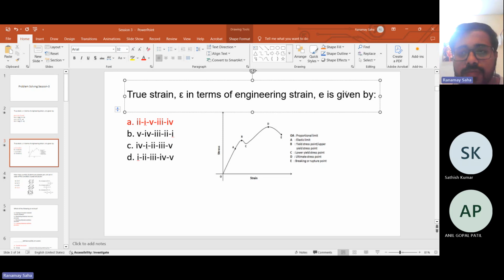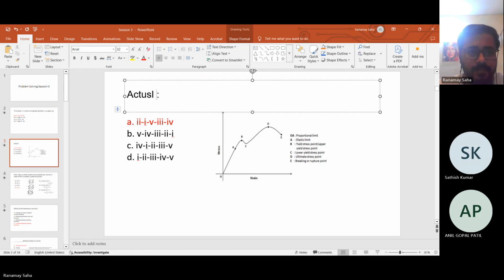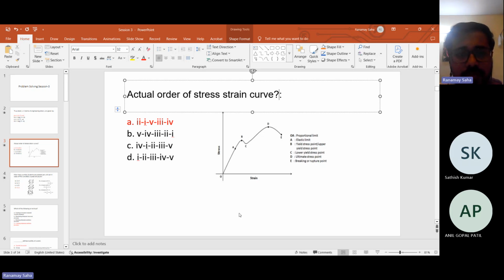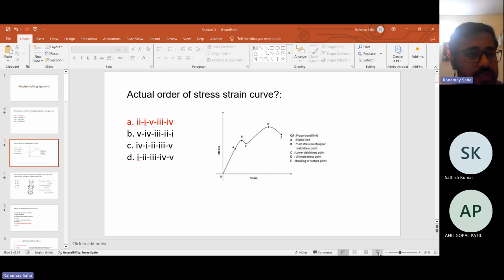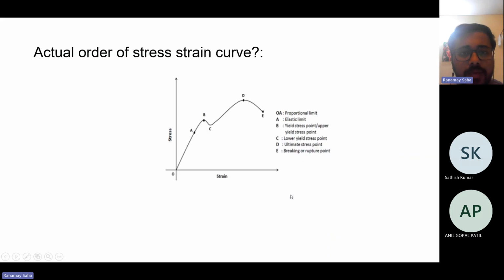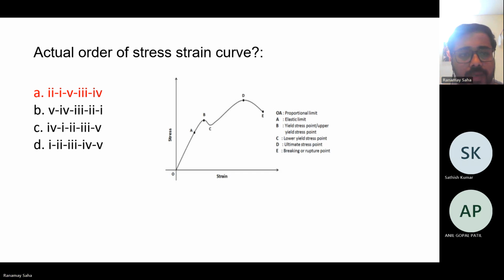The question was, what is the actual order of different points in the stress strain curve? So again, we have discussed this in great detail during our last class. The stress strain curve has four critical points mainly, then one breaking or rupture point.